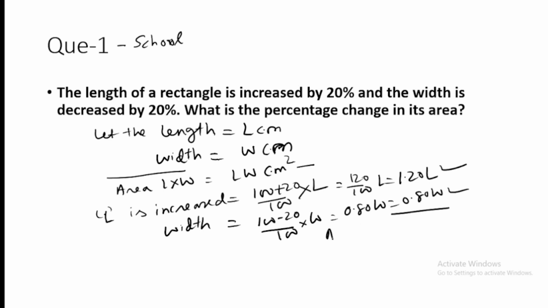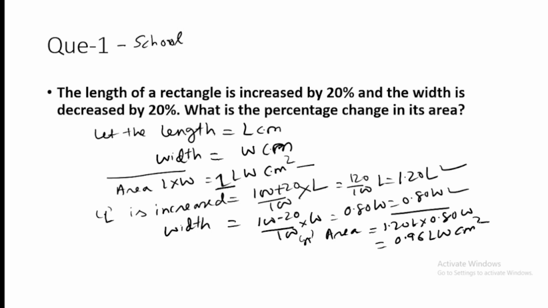What is the new area? We denote the new area as N area, which is equal to 1.20 L multiplied by 0.80 W. This is nothing but 0.96 LW. Initially it was 1 LW, 1 LW centimeter square, but it has become 0.96 LW centimeter square.